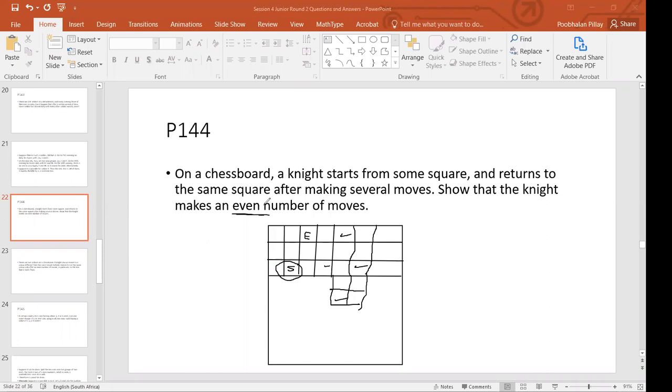But how do you know that if you take some other route and you go all over the place, you travel all over the chessboard and you come back, that the number of moves you make is even? That is the question. You understand, Nakshatra? Yes, sir. Right? Anybody else wants to? But thanks for that, Nakshatra. Nakshatra says that you can take one particular example and you'll see it's even, right?